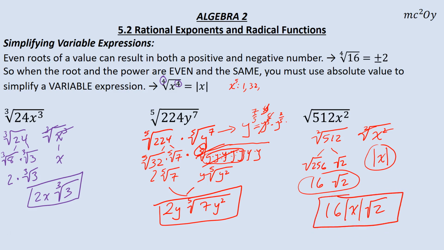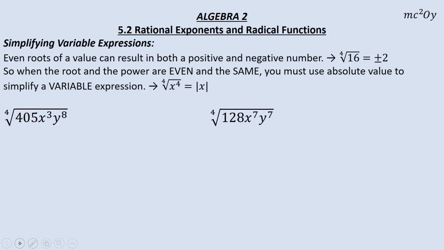All right. Let's try a couple more just to make sure we're good. Okay, the fourth root of 405 x cubed y to the 8th. So we're going to go fourth root of 405, fourth root of x cubed, fourth root of y to the 8th. All right.